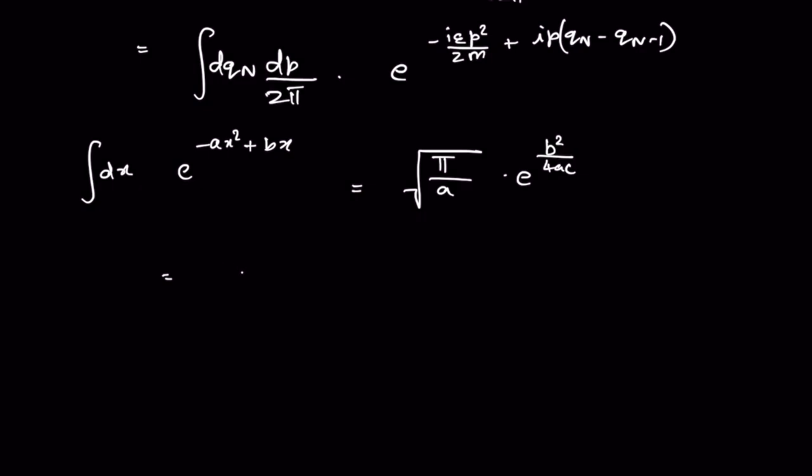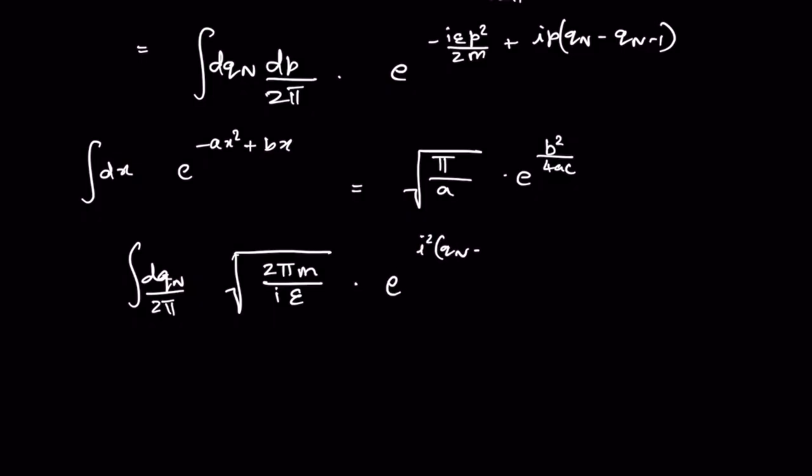And in this situation it will be the square root of 2 pi m over i epsilon, times, and we already have the integral dp_n over 2 pi, e to the minus, e to the i squared (q_n minus q_{n-1}) whole square, divided by 4 times AC, so 4i epsilon into 2m.